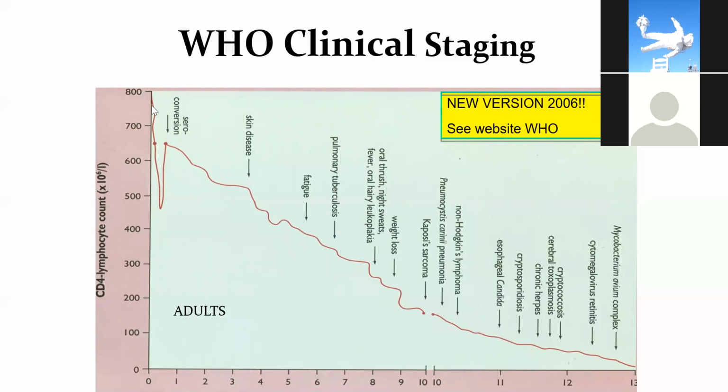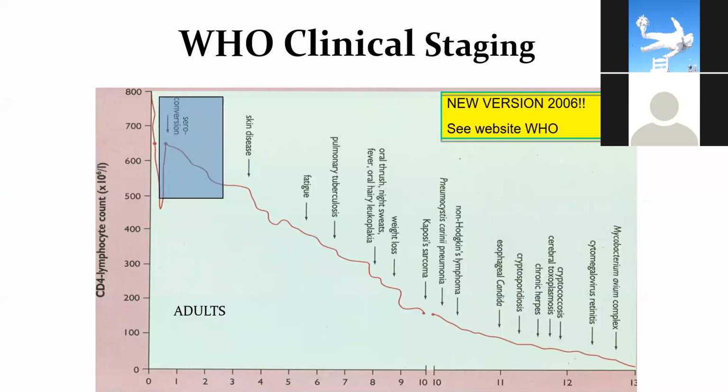In terms of this same graph and this progression, there is what we call the WHO staging, the criteria which is used to stage the progression of HIV disease.